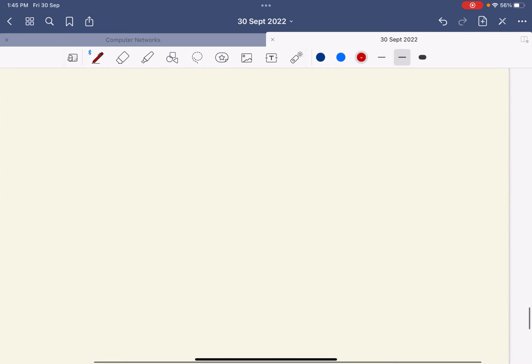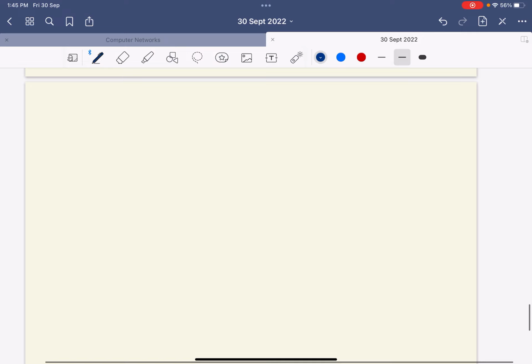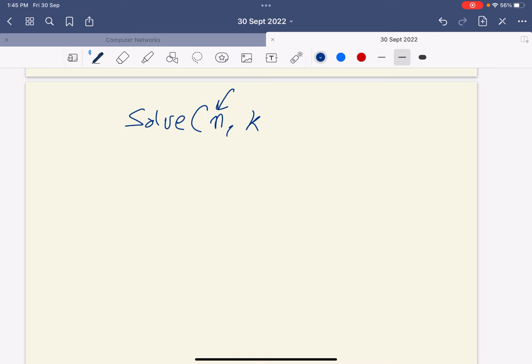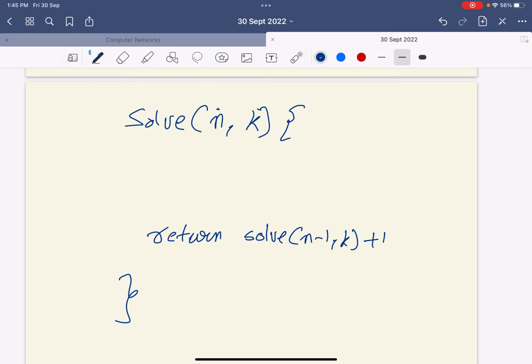So what will I do? I need to solve for n comma k. n is the number of persons sitting around a round table, and k is the kth person that is to be killed in each iteration. So I will return an answer recursively. Whatever answer I get for n minus 1 comma k, I'll add k to it and take its modulo with n.